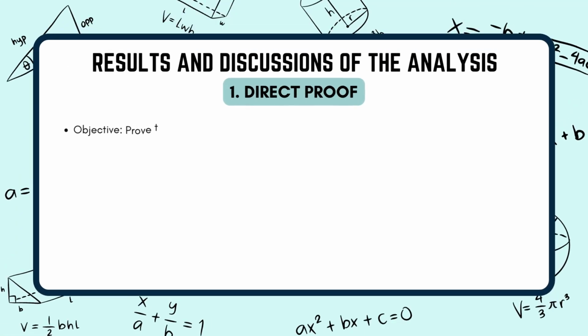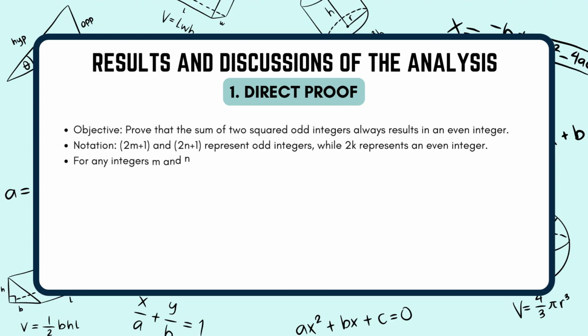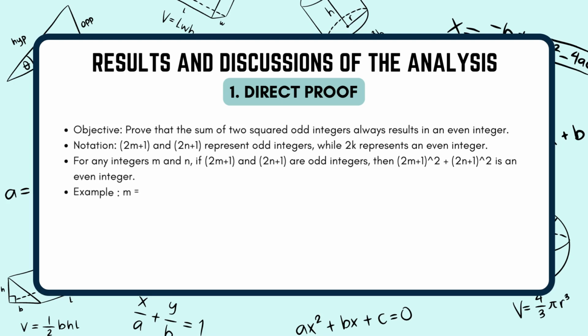For results and discussions of the analysis: direct proof. Objective: prove that the sum of two squared odd integers always results in an even integer. For notation, 2m plus 1 and 2n plus 1 represent odd integers, while 2k represents an even integer.